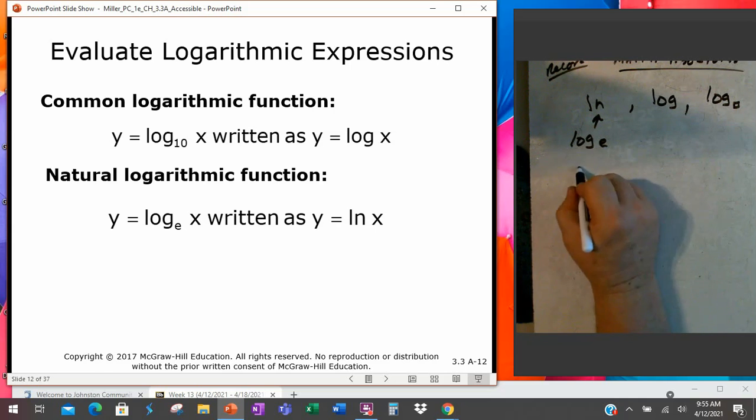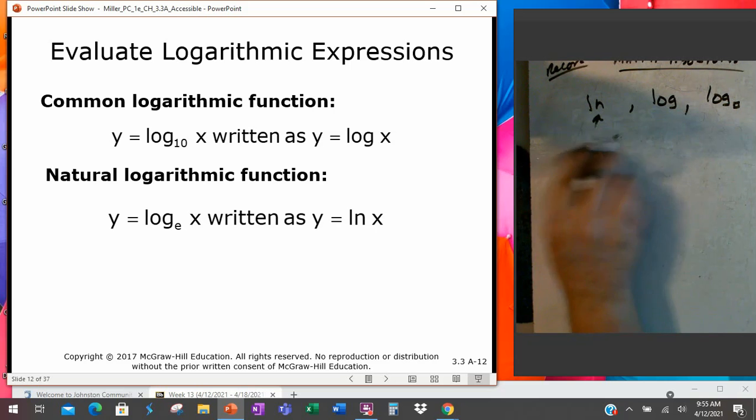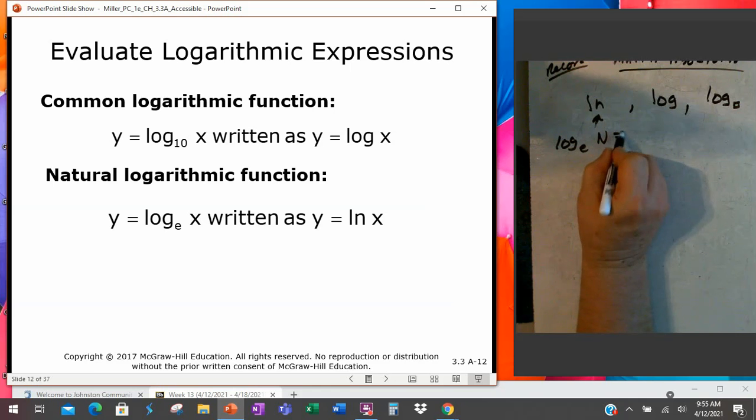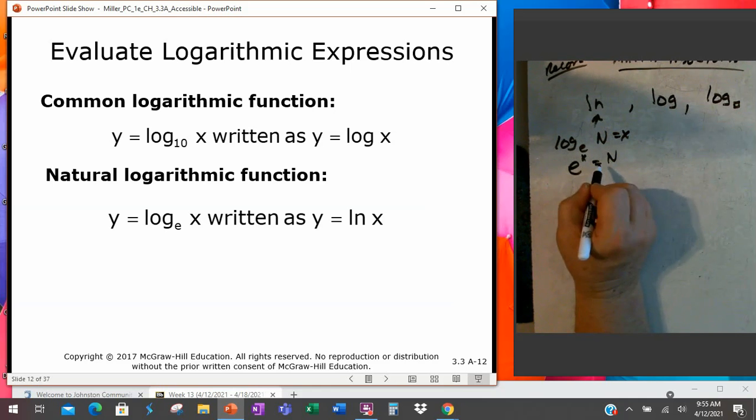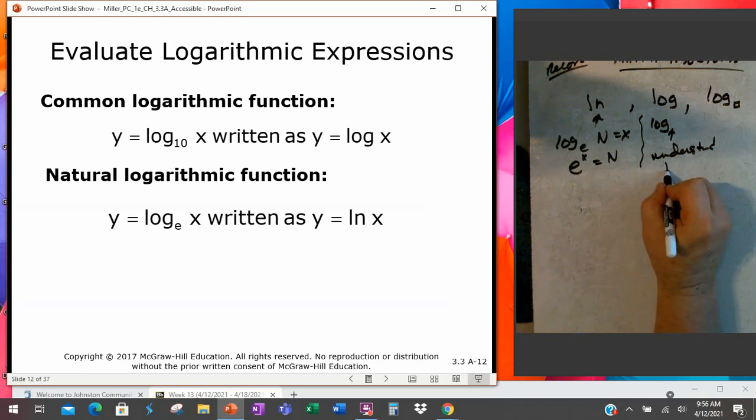So log e to the x. Let me do it this way. If I have a log base e, which is ln, of a number n, that equals x, that's saying e to the x is equal to n. Here, for log, if there's nothing there, it is understood to be base 10.